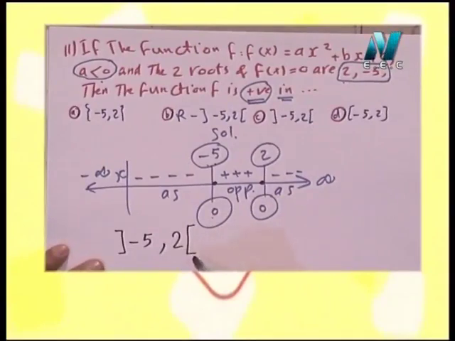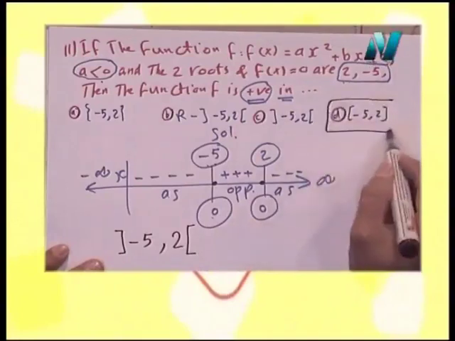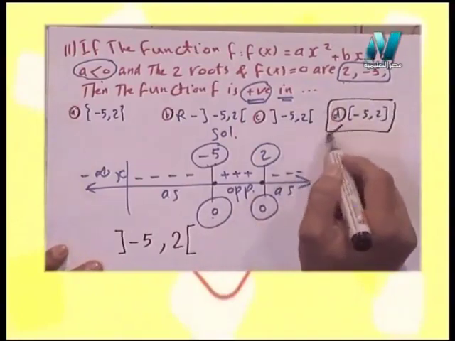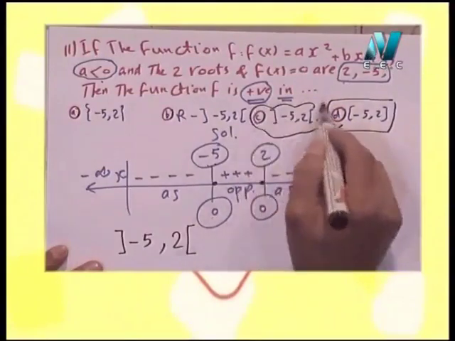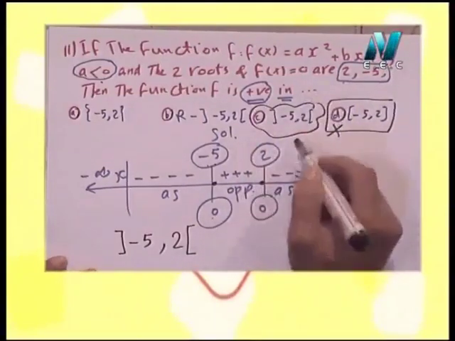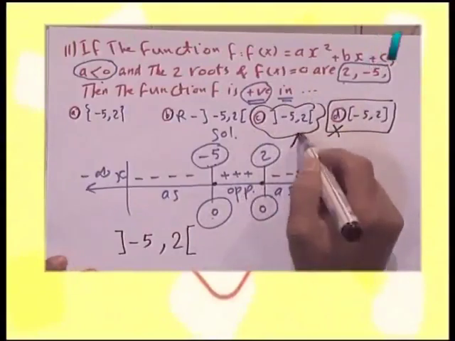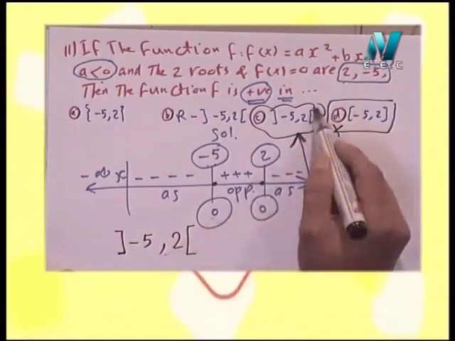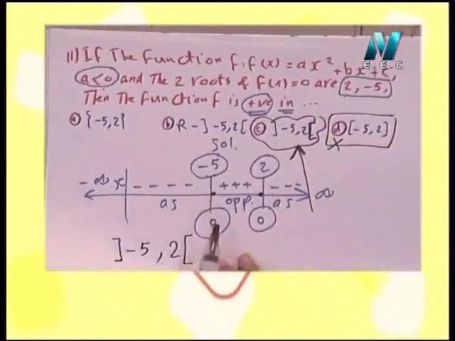So the answer will be D, negative 5, sorry, C, negative 5 and 2 open. Concentrate to find out the real solution and right solution. We have here negative 5 open and 2 open also. Okay. Let's move to another question.